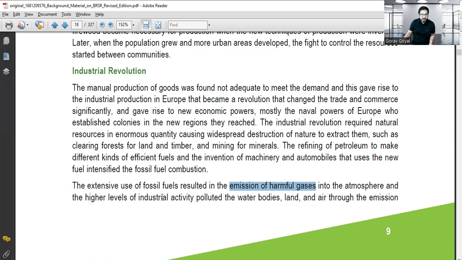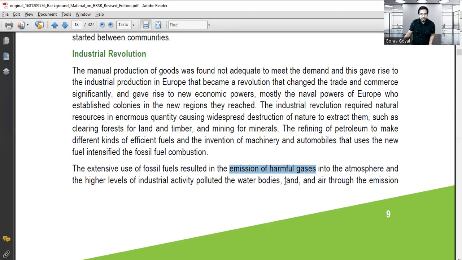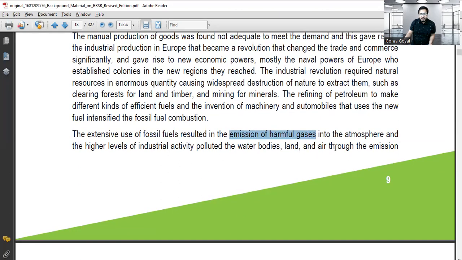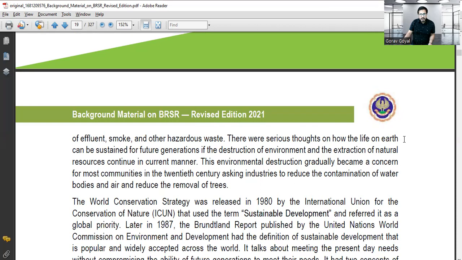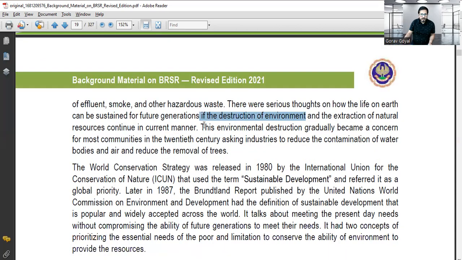The higher level of industrial activity polluted water bodies, land and air through the emission of effluent, smoke and other hazardous waste. There were serious thoughts on how life on Earth can be sustained for future generations if the destruction of the environment and the extraction of natural resources continue in the current manner.